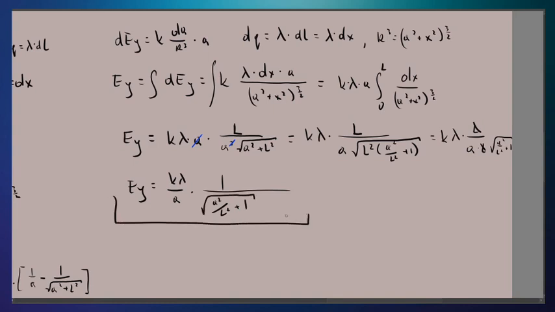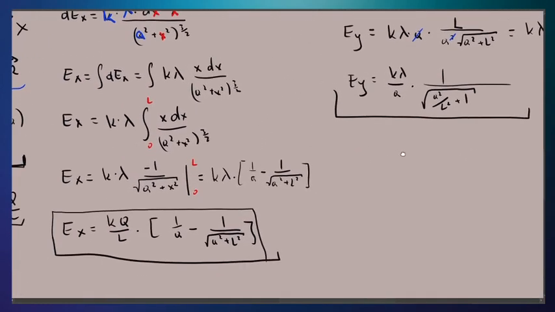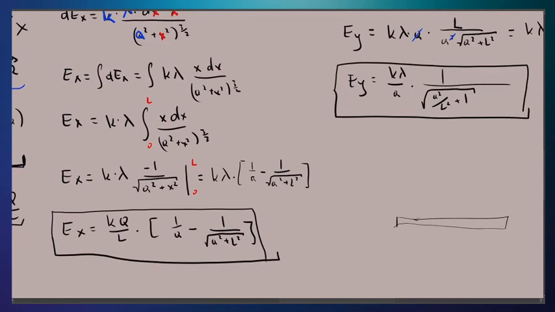Okay, so I have EY and I have EX. Let me see if I can catch them both in one place. Yeah, there we go. I have EY and I have EX. And that is for a linear charge distribution up to a length L of a specific charge Q, at a location at this point here, where that's perpendicular distance a going up, and the electric field here would have some X component, some Y component.